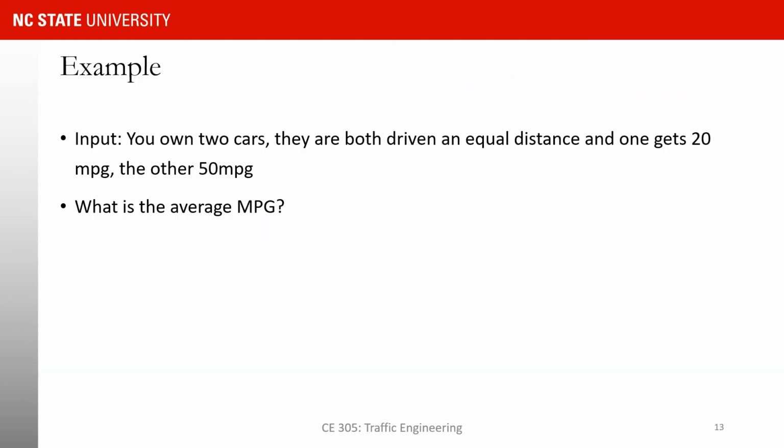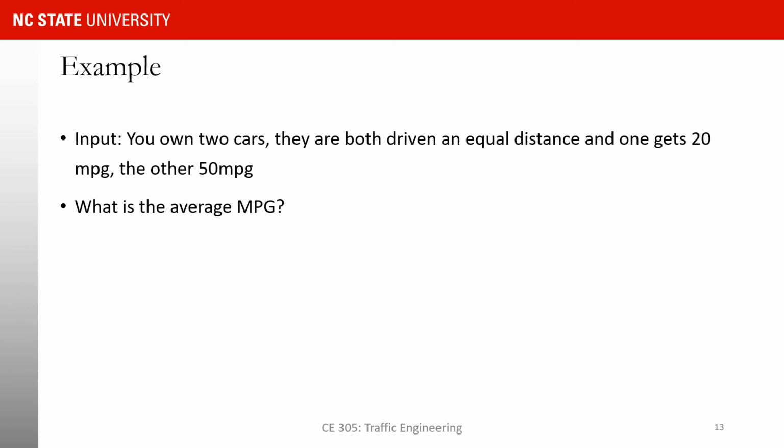So I have an easy example here that is not about space mean speed or time mean speed. It's about MPG, miles per gallon for cars, but it's going to give you a good understanding of the difference between space mean speed and time mean speed. So let me read through it. You have two cars.